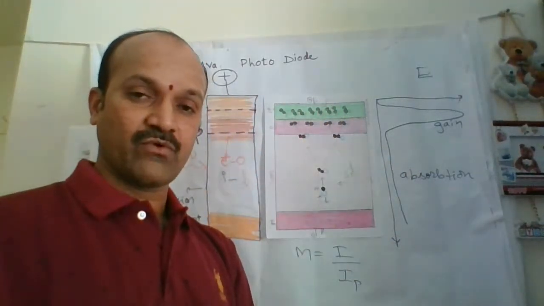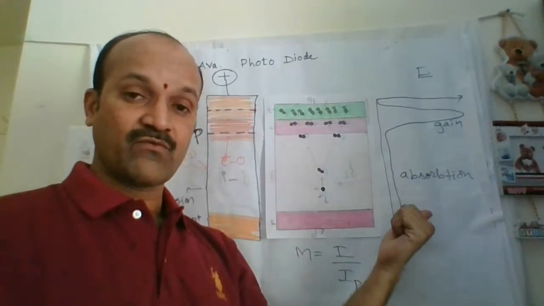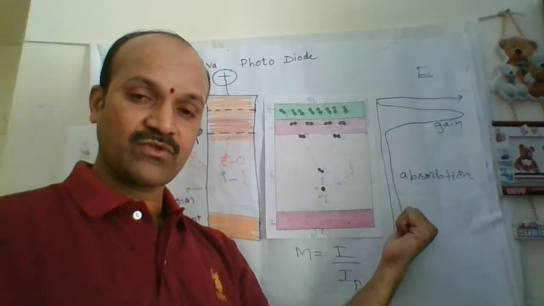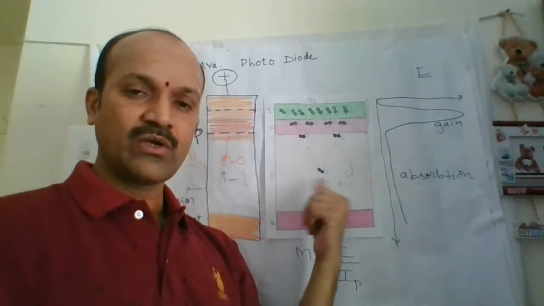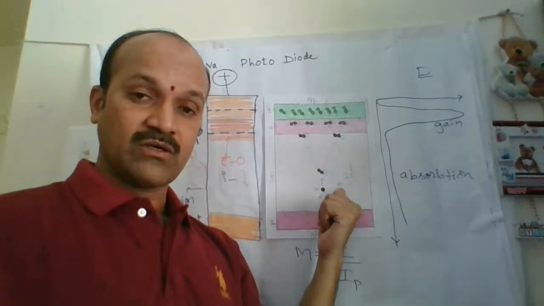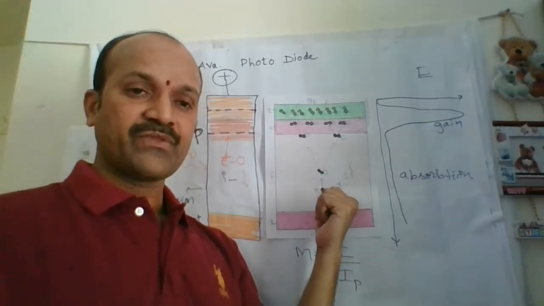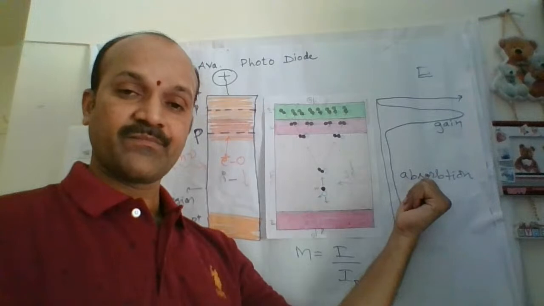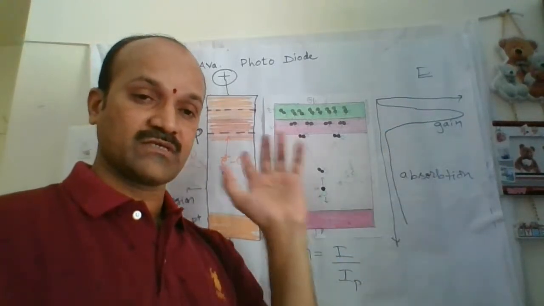Obviously we can see current flow in the circuit when a photon is incident, meaning it is detected. Low intensity light is detected. We also discussed how the electric field profile varies.